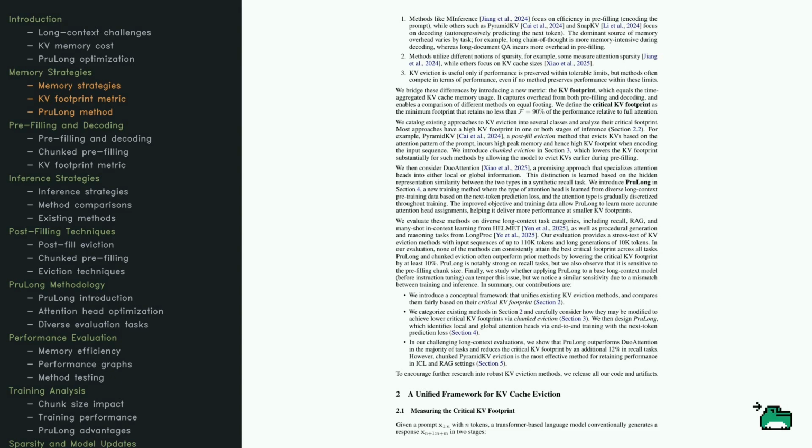By examining existing methods, they introduce concepts like chunked eviction, which is smartly removing memory chunks during different stages of data processing. PruLong, the new method, shines in recall tasks, though it has some sensitivity issues during training phases. This page sets the stage for redefining and improving memory management in these language models.